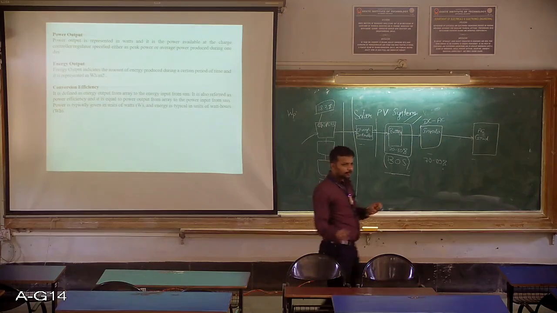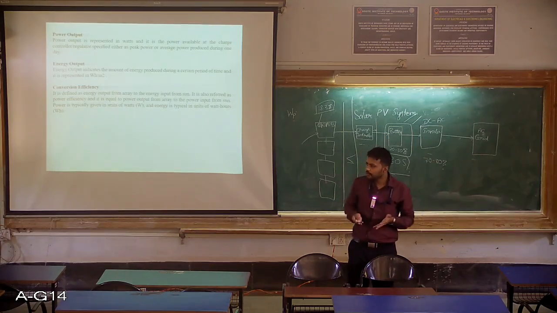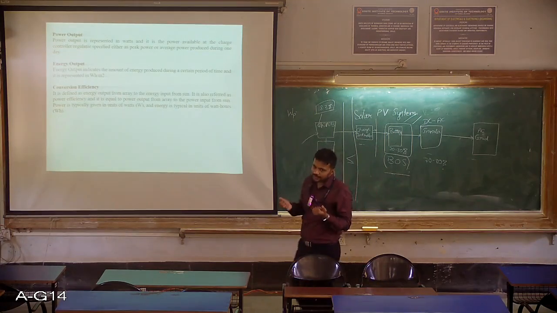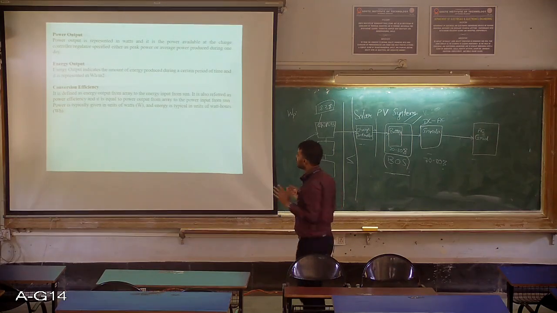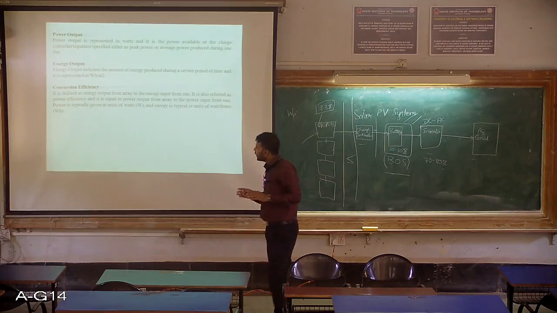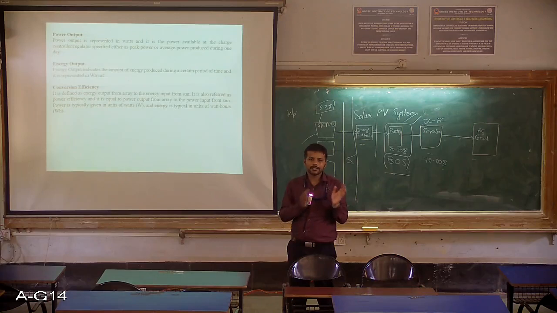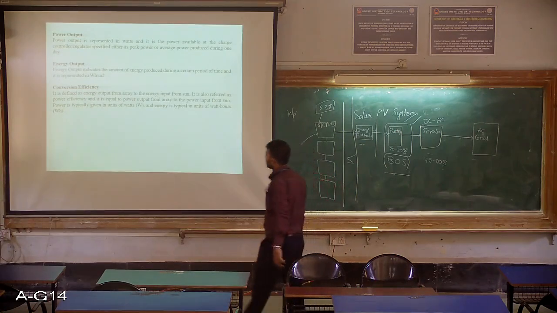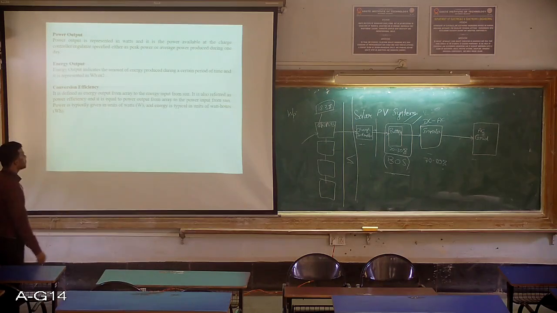If I consider 1 meter square area, or 1 acre of land, or half acre or guntas, how much energy we can extract from that place at a particular time, per day or 2 days or per week, per month or per year. Related to that we use the term energy output, and the unit is watt hours per meter square. With respect to area we define the energy output.